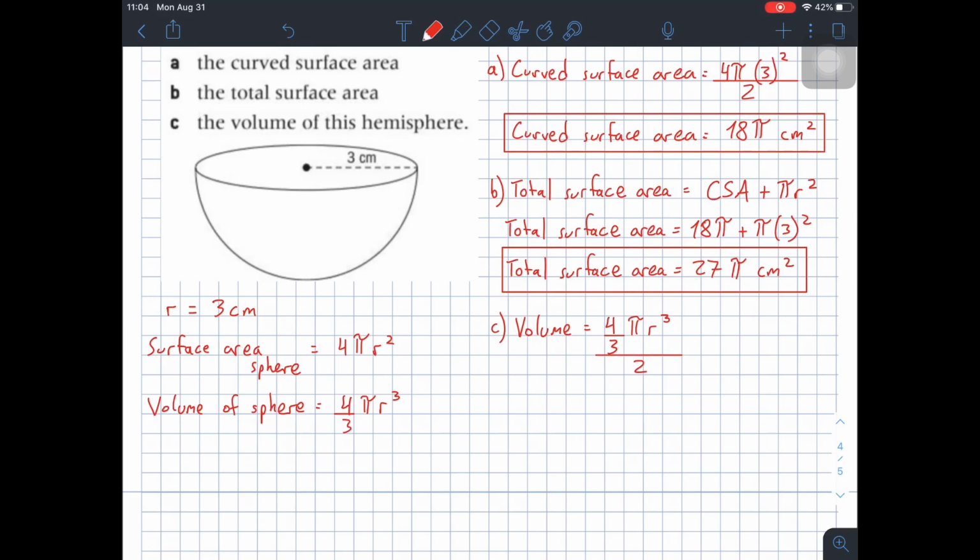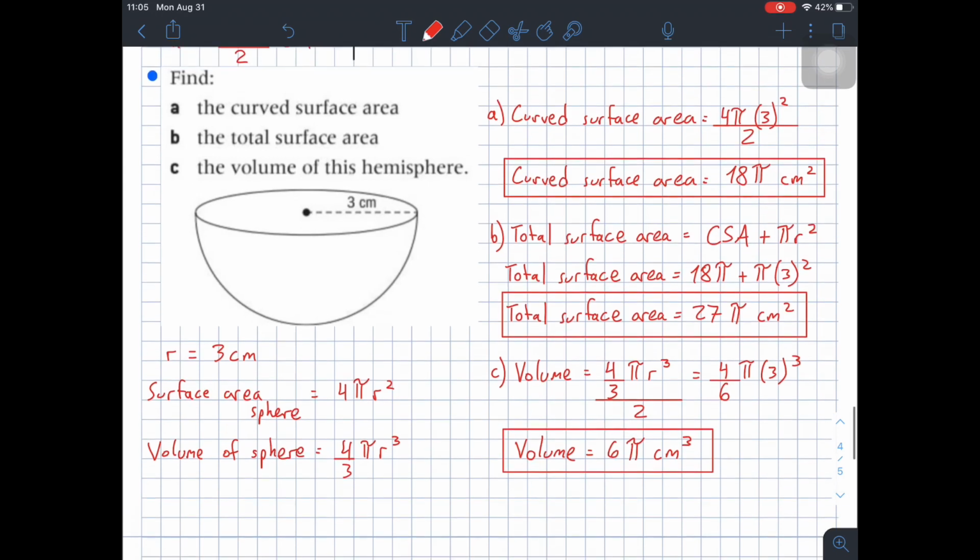If we plug in the information, this would be 4/6 pi times 3 cubed. And if we solve this, this is 2/3 times 9. We get 6 pi centimeters cubed. And this is the volume of this hemisphere.